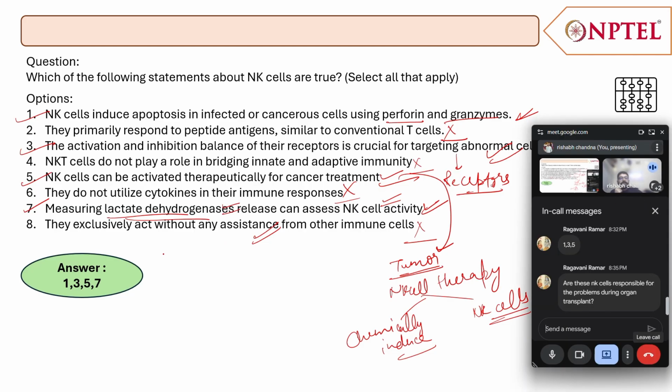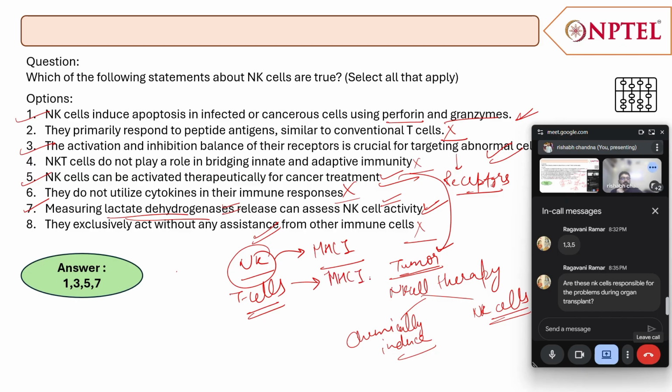Not only NK cells, the other cells that are involved in organ transplant rejection are the T cells. The NK cells will check the MHC1, and the T cells will also check for the MHC1 and 2 on the particular organ that has been donated.